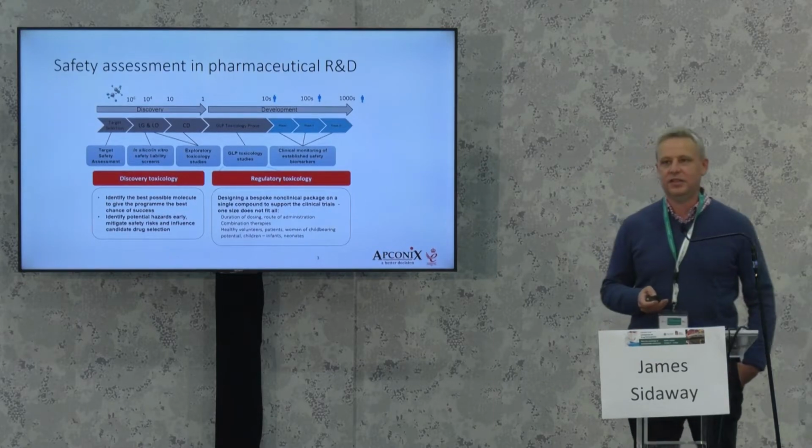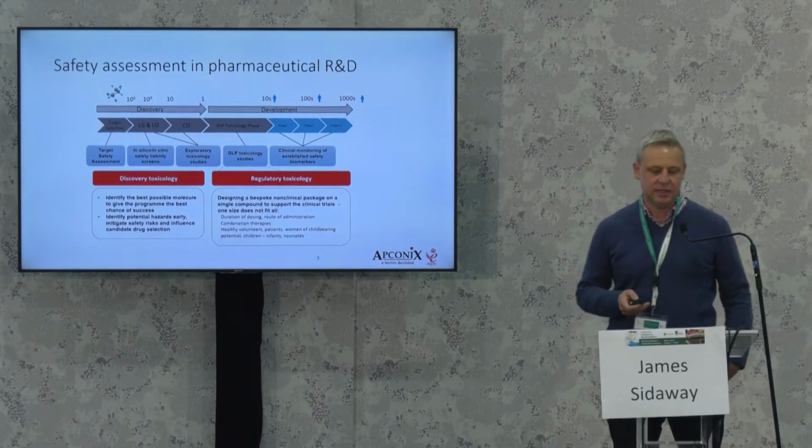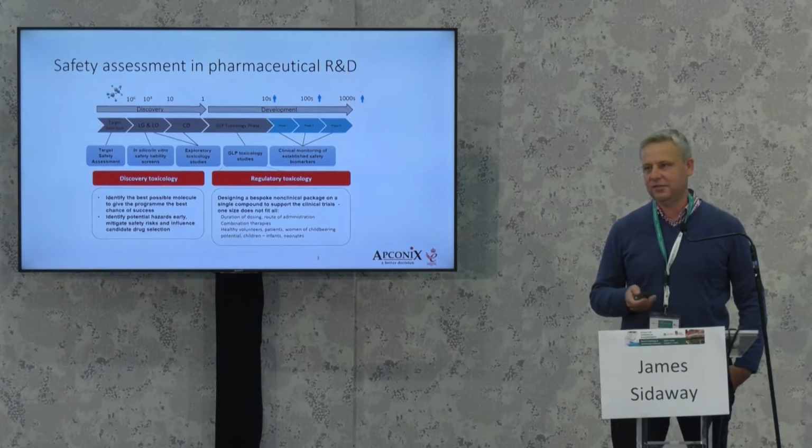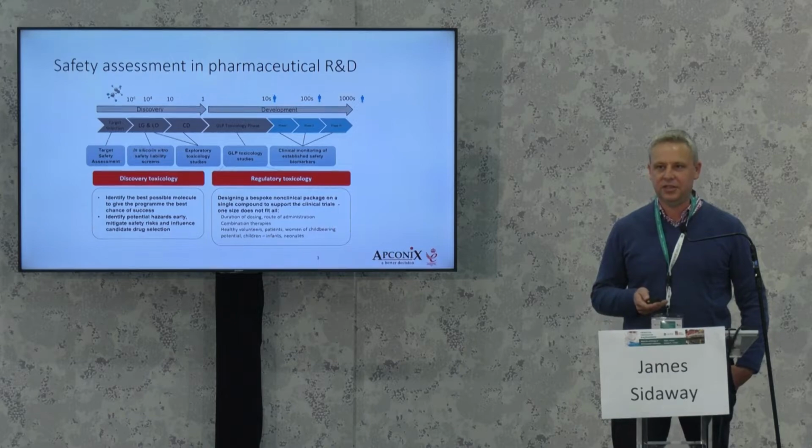So if we think of safety assessment in the R&D process, we know that, as we've already heard, drug discovery, drug development is a very long process. From a safety point of view, we really think of dividing it into two halves. The first half, which is illustrated on the left-hand side, is what we call discovery toxicology.